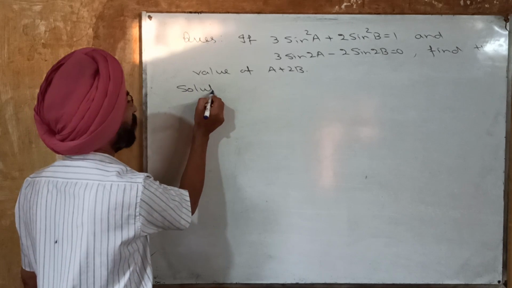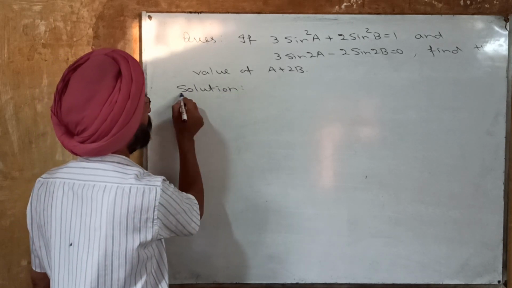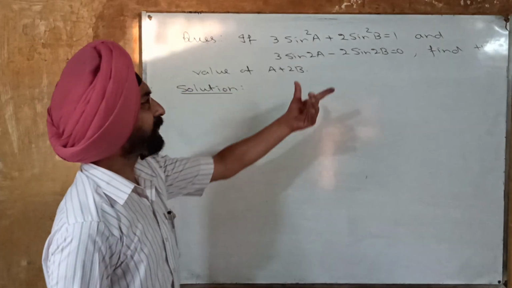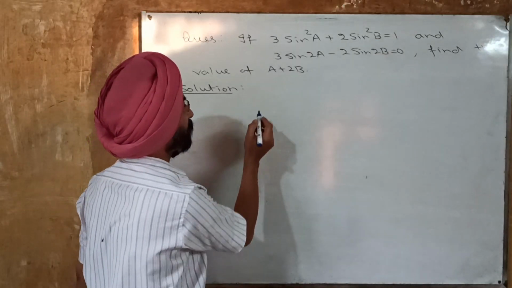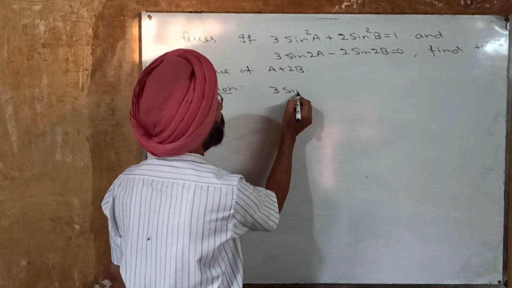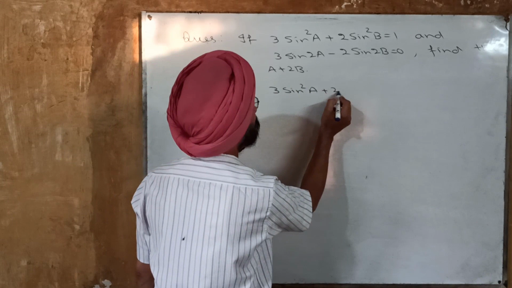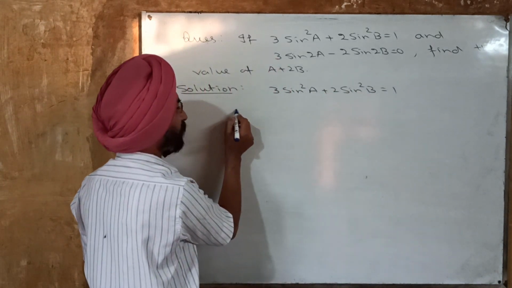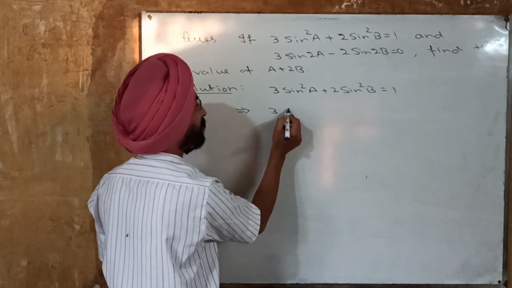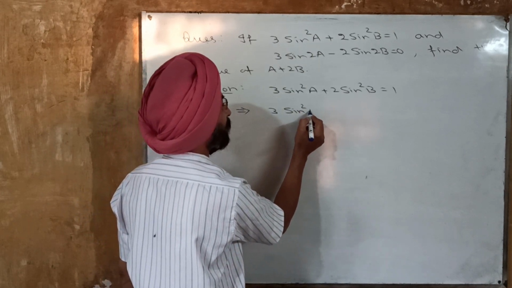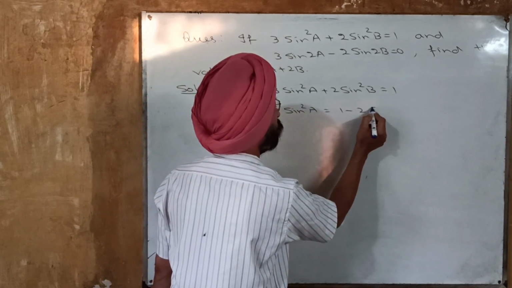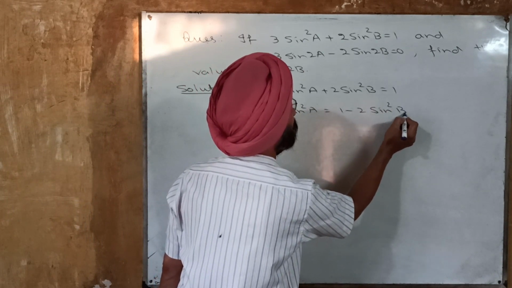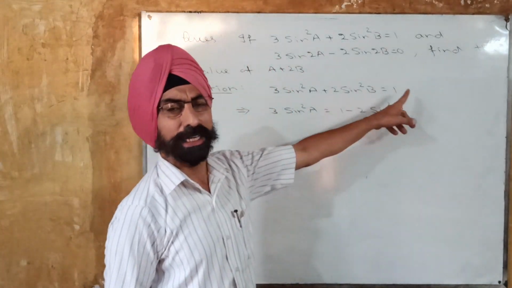So we are going to start the solution now. The first identity given to us is 3 sin square A plus 2 sin square B is equal to 1, which I can write as 3 sin square A is equal to 1 minus 2 sin square B by taking 2 sin square B to the right hand side.